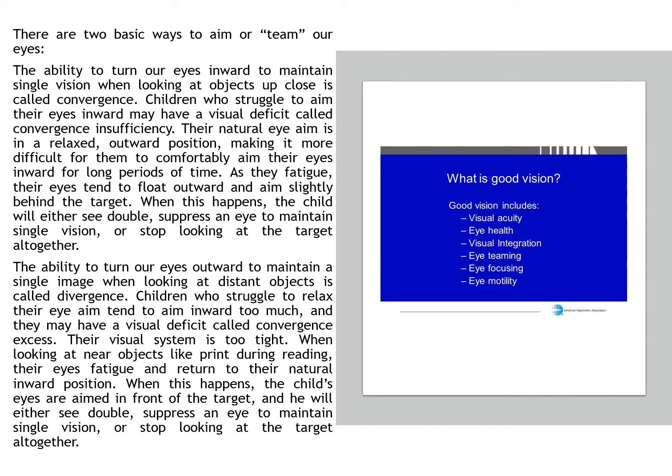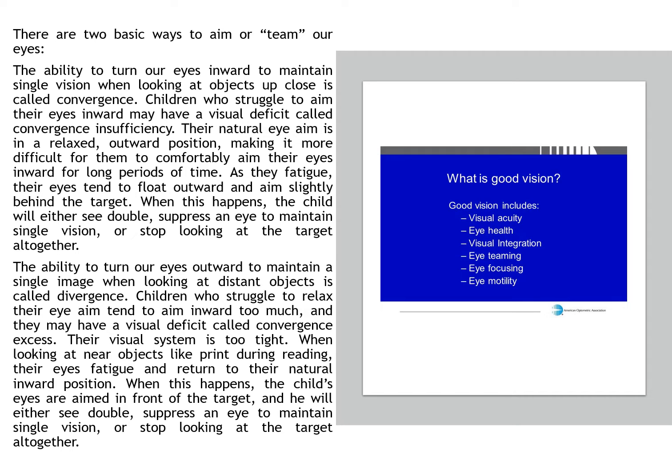There are two basic ways to aim or team our eyes. The ability to turn our eyes inward to maintain single vision when looking at objects up close is called convergence. Children who struggle to aim their eyes inward may have a visual deficit called convergence insufficiency.